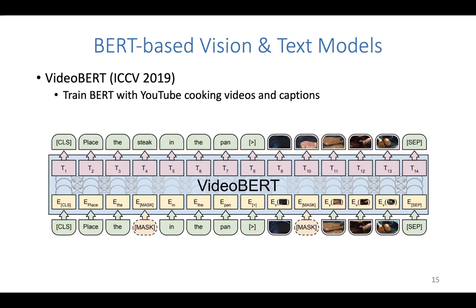So that's what's happening here. Place the steak in the pan. Obviously the chef is putting the steak into a frying pan. It's a steak cooking video, and you can imagine a continuous action where the chef is picking up the steak and moving it into the pan, which would probably last about 1 or 2 seconds.